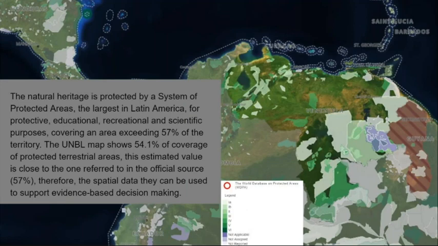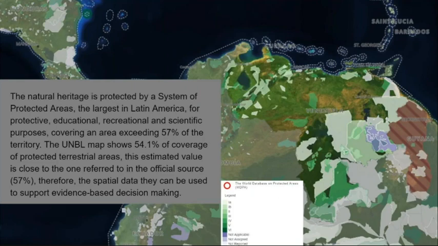This natural heritage is protected by a system of protected areas, the largest in Latin America, for protective, educational, recreational, and scientific purposes, covering an area exceeding 57% of the territory. The UNBL map showed 54.1% coverage of protected terrestrial areas.